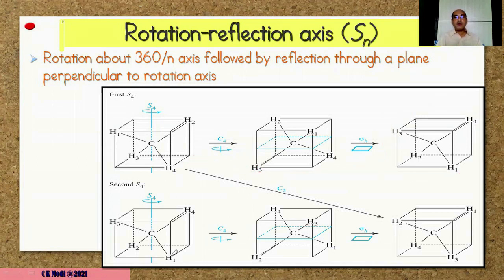Therefore we can say that this methane molecule has an improper rotation, that is, a rotation reflection axis is present. So what do we call these operations? यहाँ हमने पहले C4 perform किया, followed by sigma h. Therefore this operation is called S4. Okay, so this is called the rotation reflection axis.